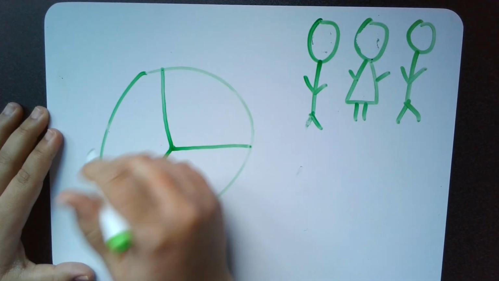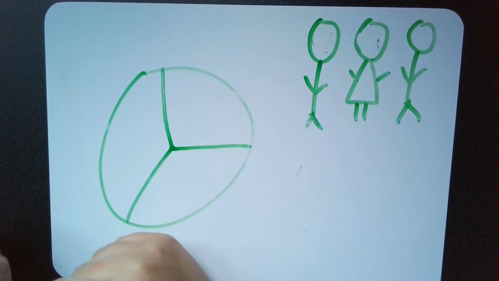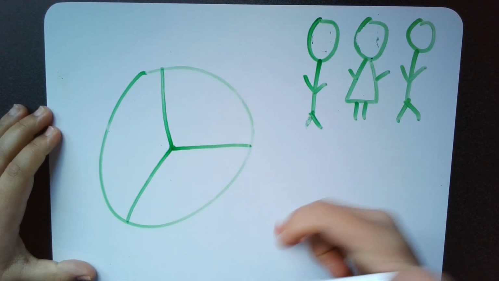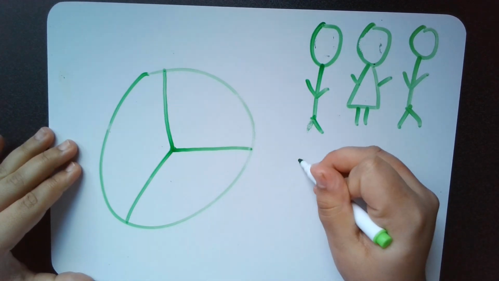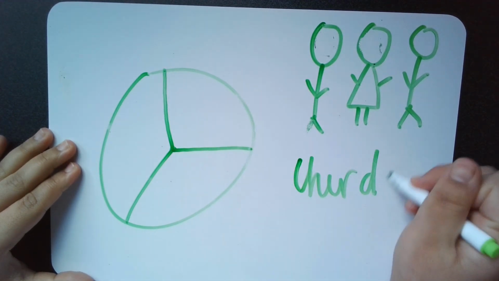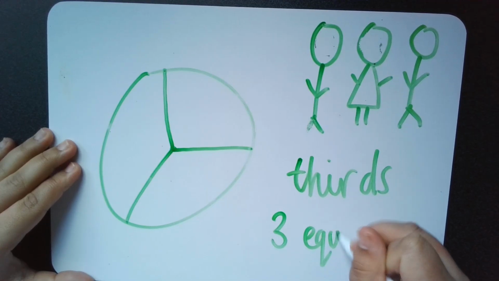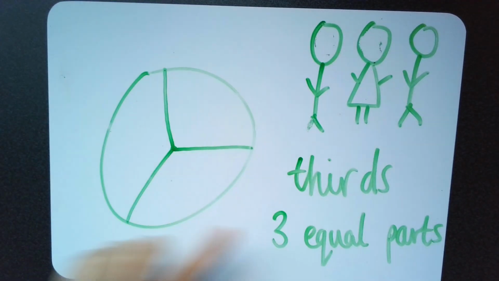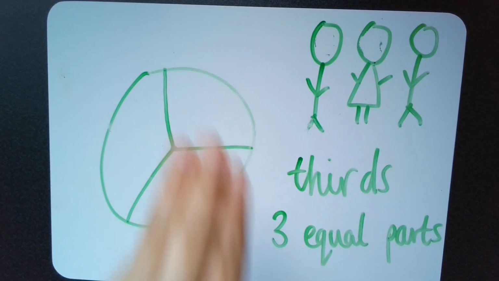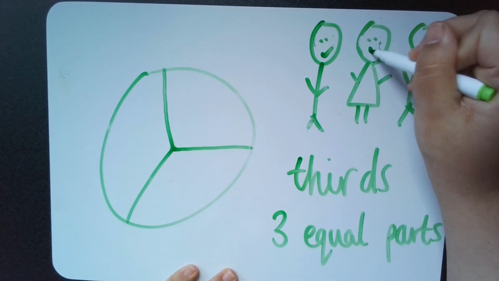I've divided my circle into three equal parts. Another way of saying this is that I've divided my pizza up into thirds. That means I've got three equal parts. When you divide one whole into three equal parts, we can call that dividing it into thirds. Got three happy people here.